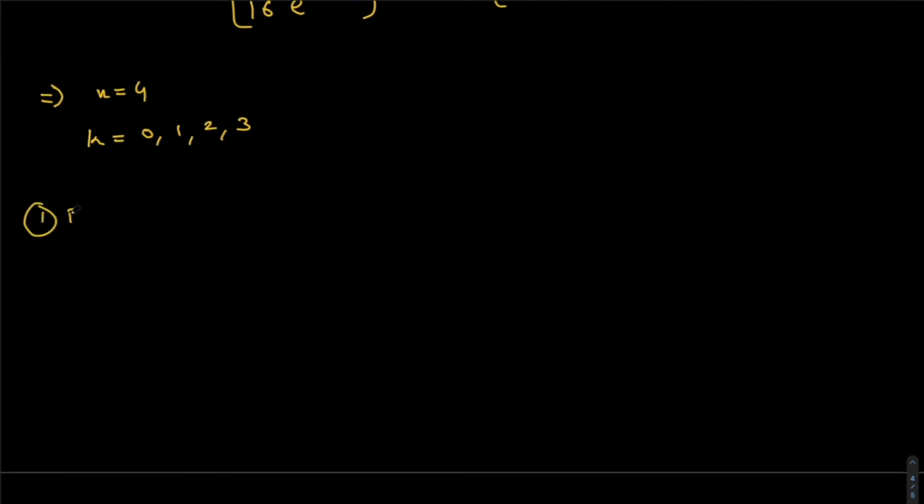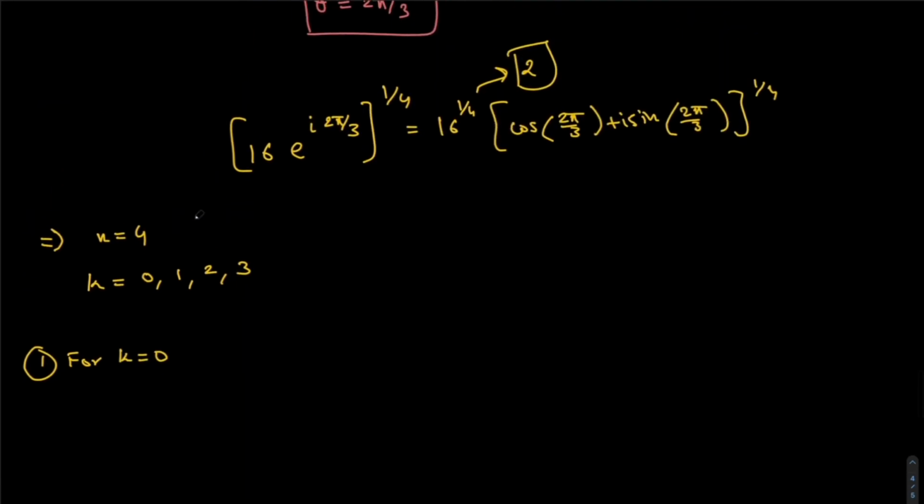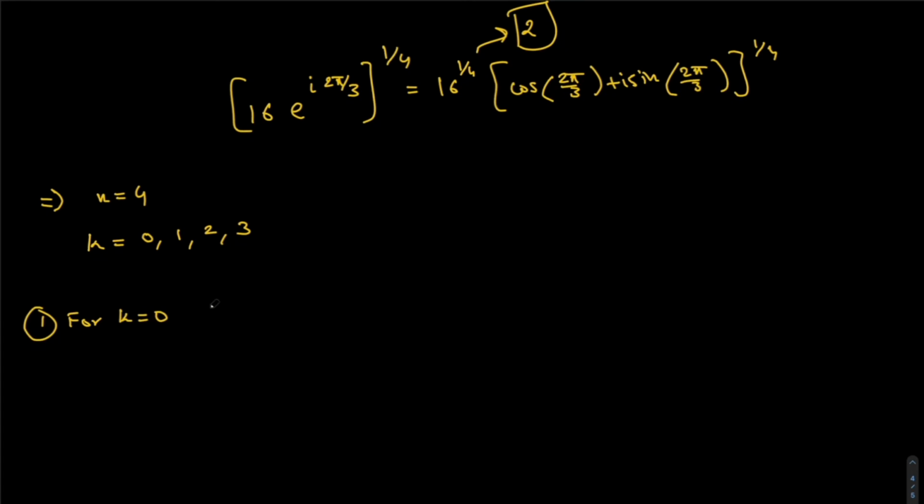So for k is equal to 0, what we have here is cosine of 2 pi by 3 plus 2k pi, so 2k is 0, pi, all upon n, which is 4, like this.